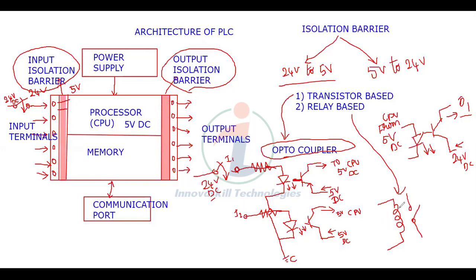Whenever this coil is getting energized, the switch will be getting closed. For example, here I'm giving 5 volt. So from processor 5 volt is received means this coil will be getting energized, and in this terminal they will be giving 24 volt DC. So that 24 volt DC which is given in this terminal will be received in this terminal.